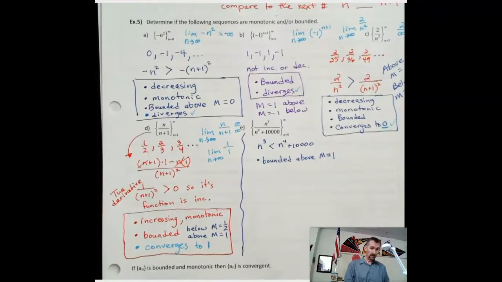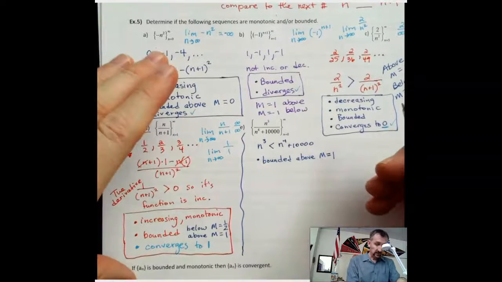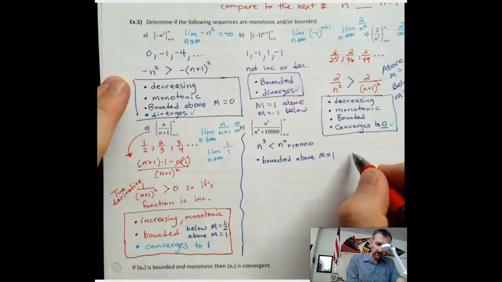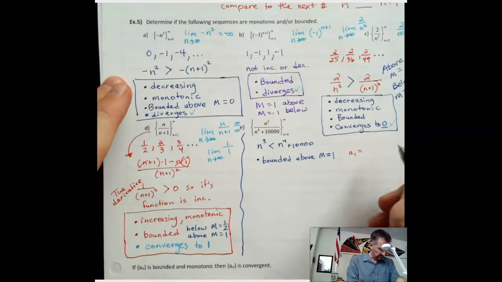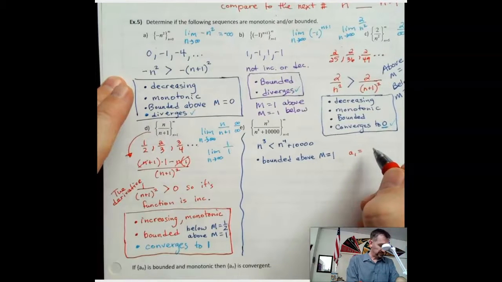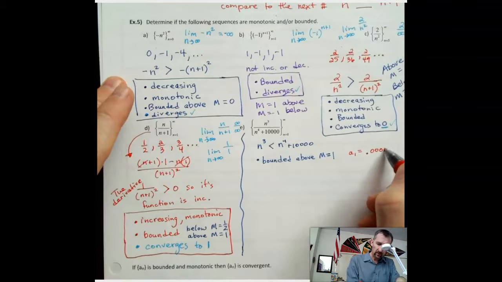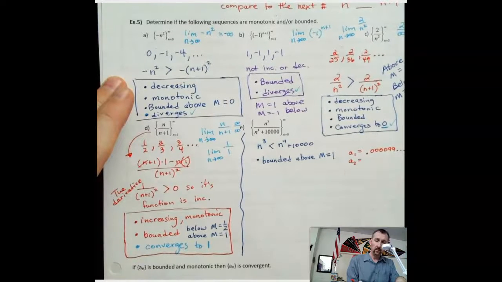Alright. Now, let's look at some numbers here. So a sub 1 is going to be 4 zeros and 2 nines. 1, 2, 3, 4. A sub 2 is going to be 3 zeros and a 7, 9, something.